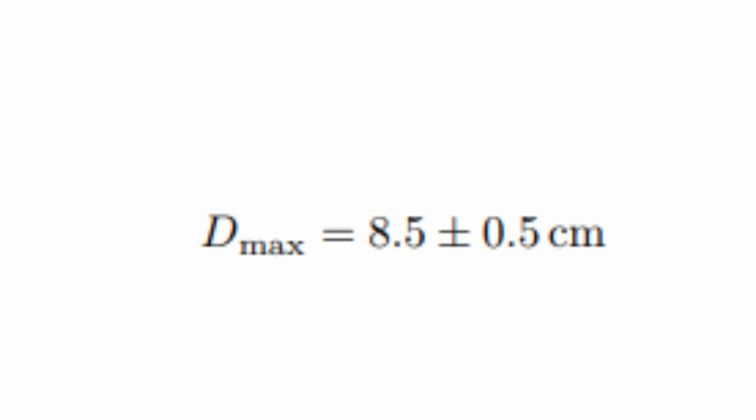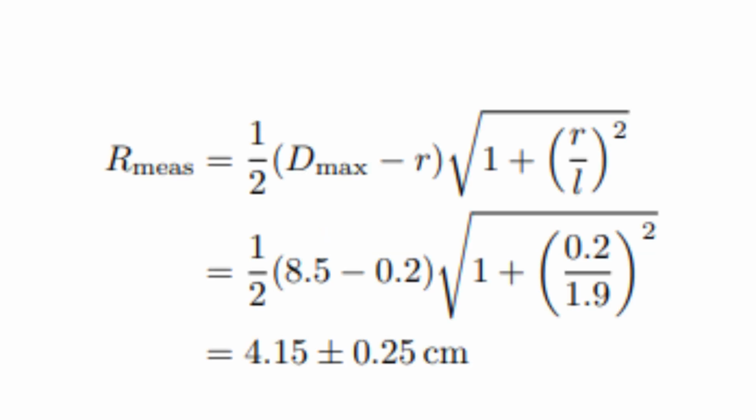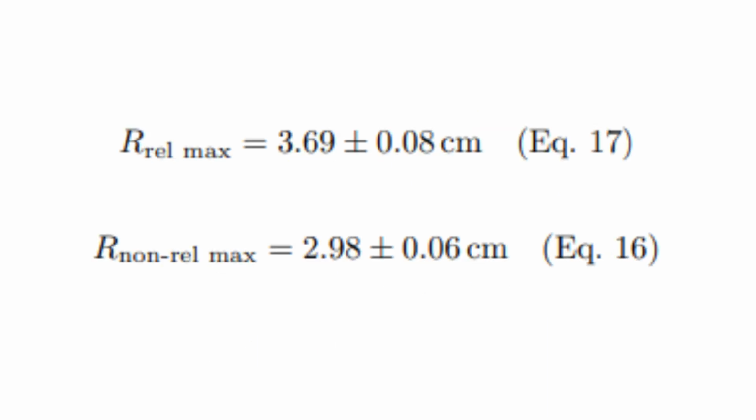Using our geometry, we calculated that our measured radius is around 4.15 plus or minus 2.5 millimeters, which is larger than both the relativistic and non-relativistic predictions, but we are a little closer to the relativistic approach.